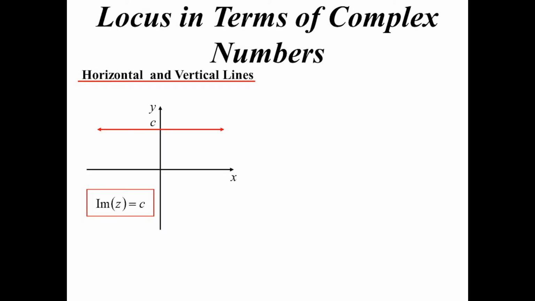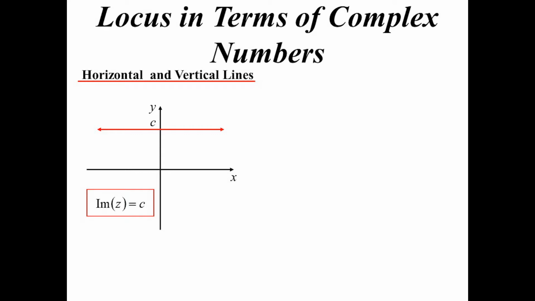So we're going to have a look at this idea of locus in terms of complex numbers. So horizontal and vertical lines, for instance. If I had a horizontal line, well, when we're talking about coordinate geometry, we'd say, oh, that's y equals c. But now if we're saying, hey, I'm going to plot every single possible complex number that would lie on this line, what do they all have in common?